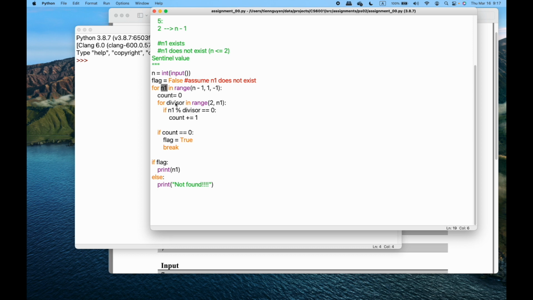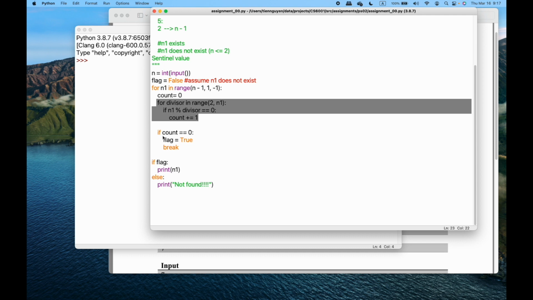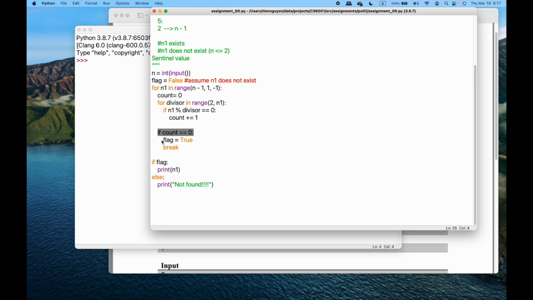It's similar to what we discussed before in the previous video. When we finish the for loop here, we consider the number of divisors. If the number of divisors is 0, we set the flag equal to true. It means the first assumption was false, so n1 exists. We change the value of the flag, and that's why this technique is called a sentinel value. Then we break, which means we exit the for loop.